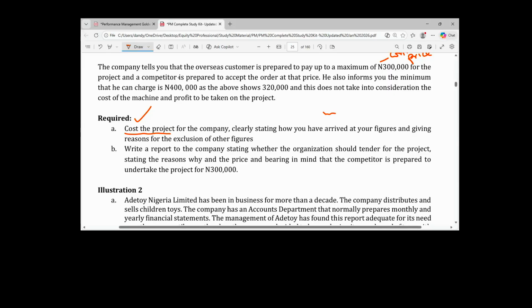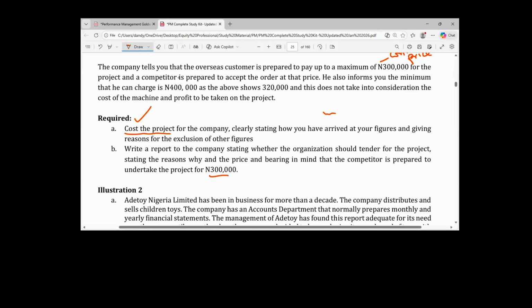Then number B, you are to write a report to the company stating whether the company should tender for the project, stating the reason why and the price, and bearing in mind that the competitor of this company is willing and ready to undertake the project at the contract price of 300,000 naira. So this is the question and this is the requirements.